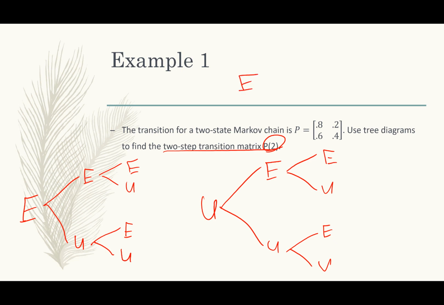So remember, employed is the first one, unemployed will be the second. This right here is the 1-1 spot. So that's employed to employed. If I'm employed and I go to employed, it's 0.8. The 1-2 spot means employed to unemployed, so that 0.2 would be this branch here.